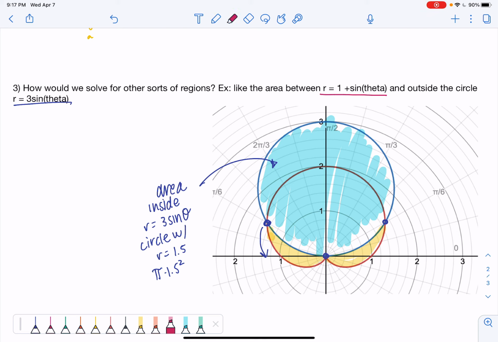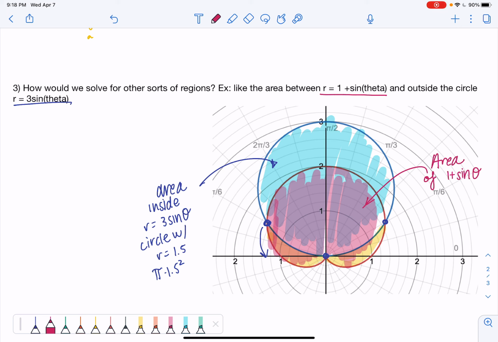And then this pink curve here, area of 1 plus sine theta, we could pretty easily find the area, just go from 0 to 2 pi and find that area.